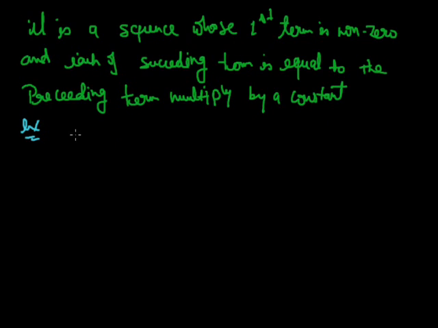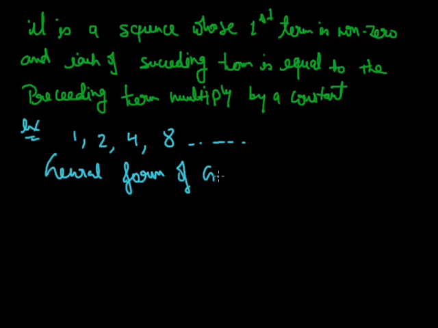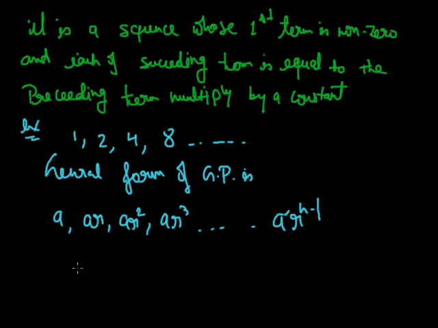Example: 1, 2, 4, 8. This is a GP. The general form of a GP is a, ar, ar square, ar cube, and ar^(n-1). a is the first term, ar is the second term.